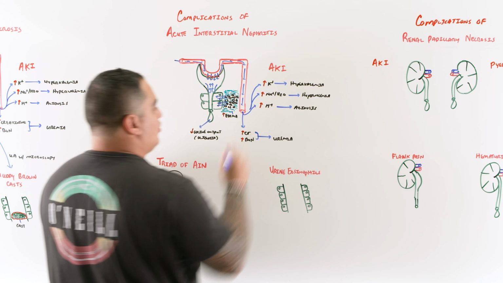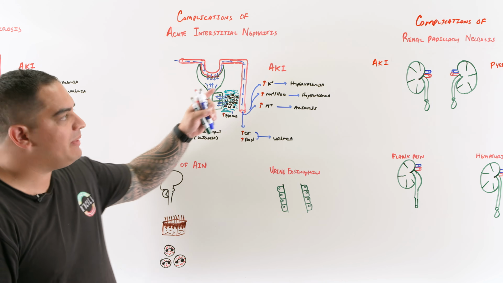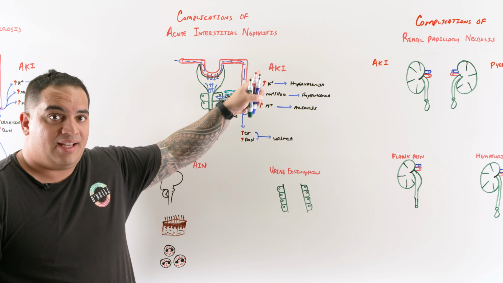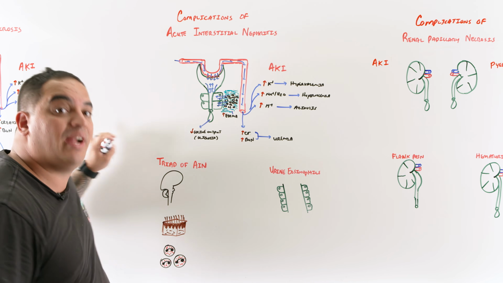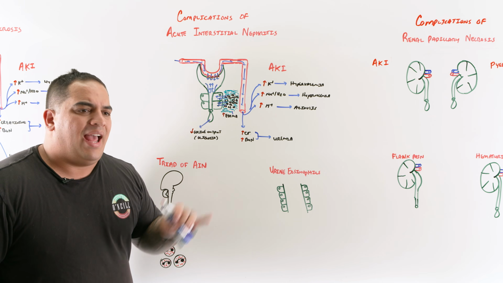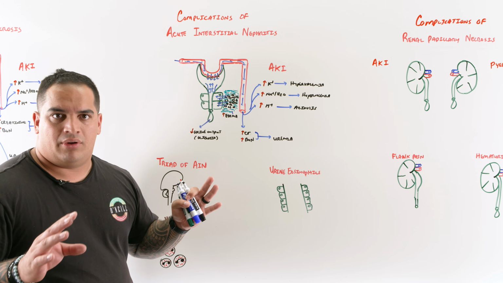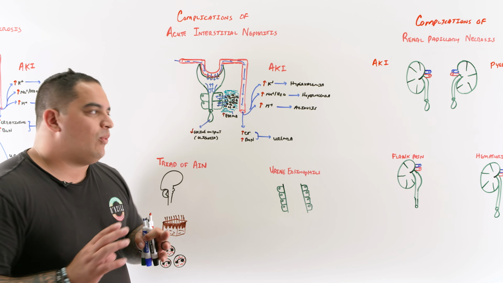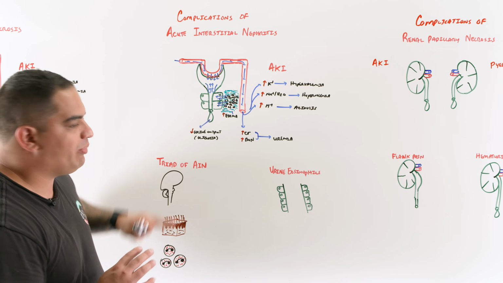What I think is important to remember is that these patients oftentimes not only present with these things, but also have other features that separate them from ATN. So AIN can have variable urine osmolality. And what's really interesting is that they oftentimes will present with a triad.